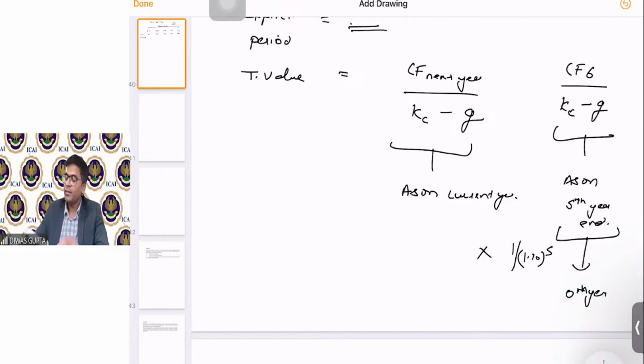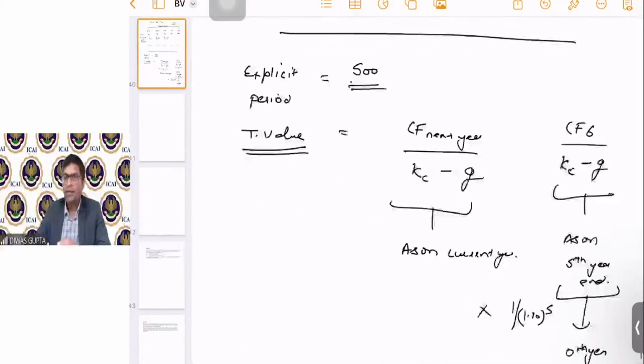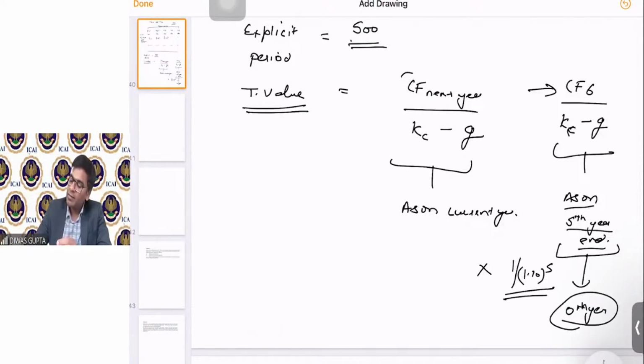You're getting my point? This is again very much similar to the capital budgeting decisions that all of you would have understood in your CA Inter, students, right? So the cash flow of the sixth year divided by the cost of capital minus growth gives me the terminal value as on fifth year end. And again, bringing that fifth year end value to 0th year, I will multiply with the present value factor of 10% for 5 years.